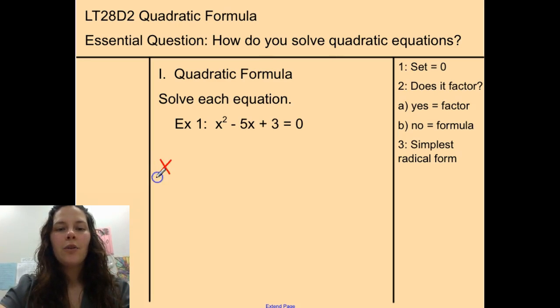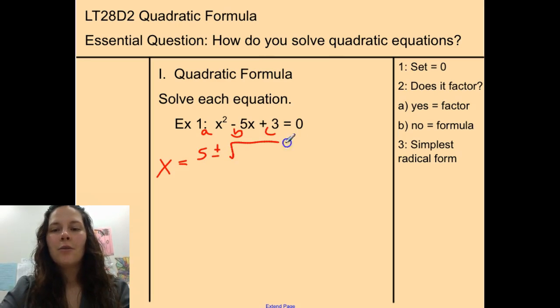So x equals opposite of b, so our a is 1, b is -5, c is +3. The opposite of -5 is 5, plus or minus the square root of b squared.